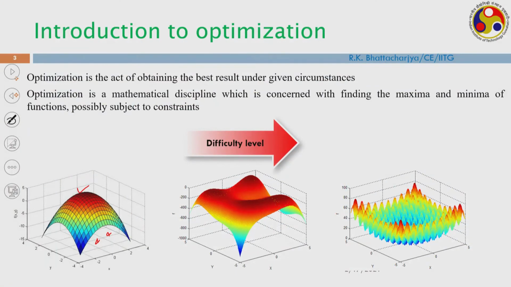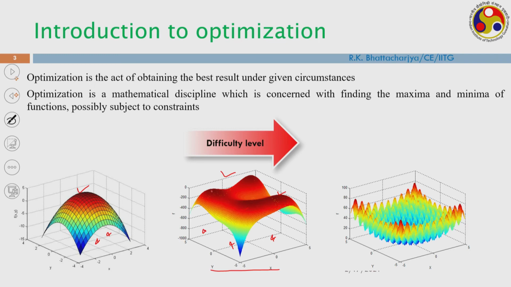Now, let us look at the second function. The second function is relatively difficult. Here you have 4 optimal solutions, and if you take some initial solution somewhere here, you may get this optimal solution. If you take somewhere here, you may get this one.